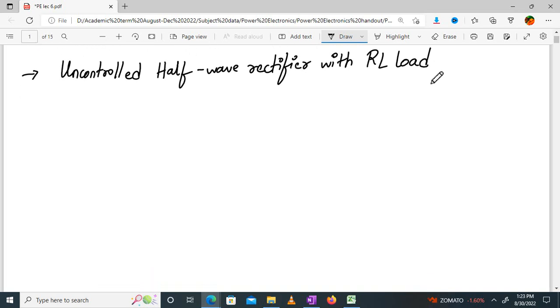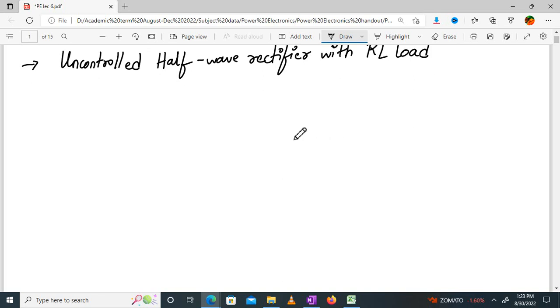So uncontrolled meaning the diode will be used, the power diode will be used. So the circuit of half wave rectifier goes as follows. This is a power diode, and then you have an RL load.